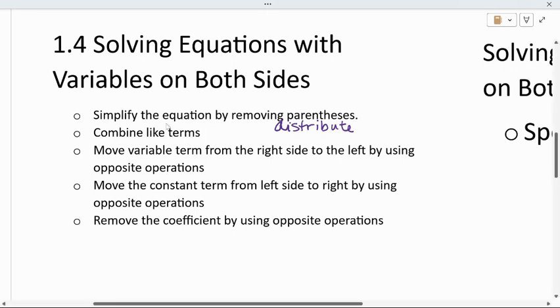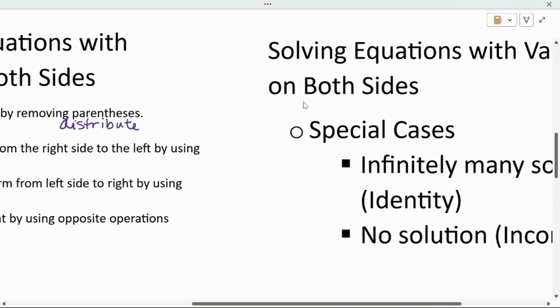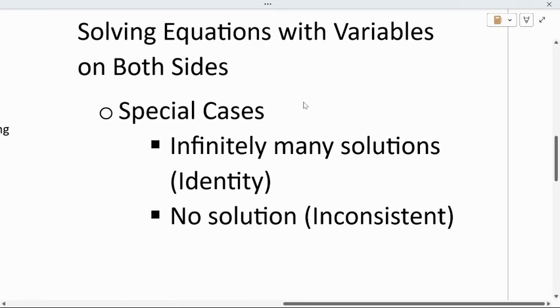Okay. So the unique thing about this is sometimes when you solve equations with variables on both sides, you have what's called special cases and something happens. So you could have an instance where you have infinitely many solutions, and that could be something like 2 times (x minus 1) equals 2x minus 2.